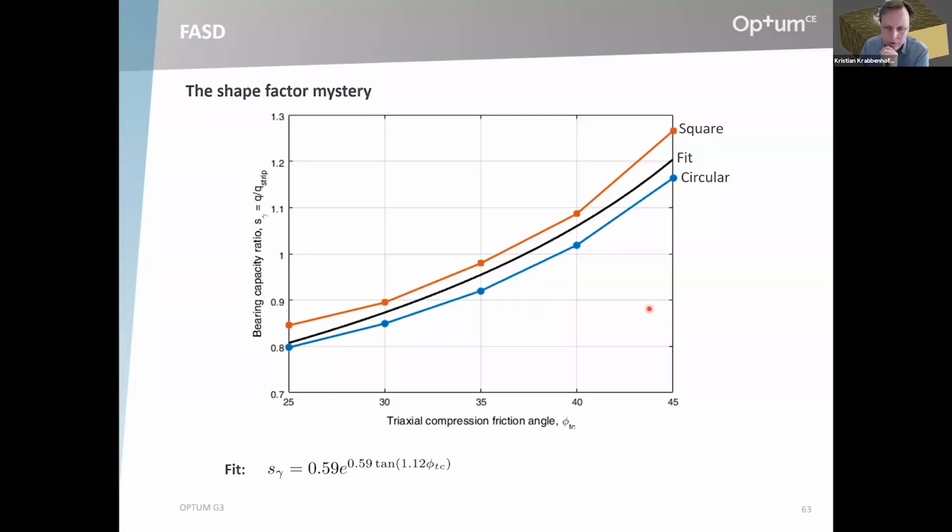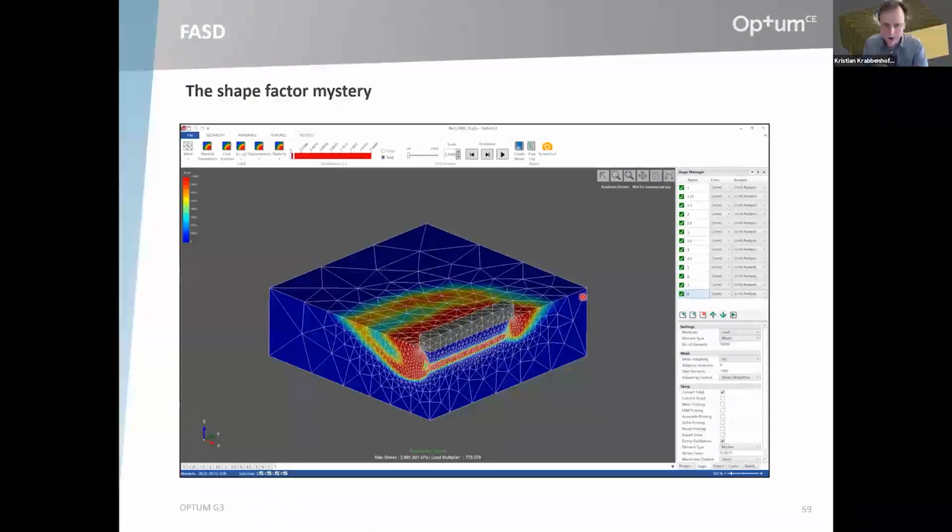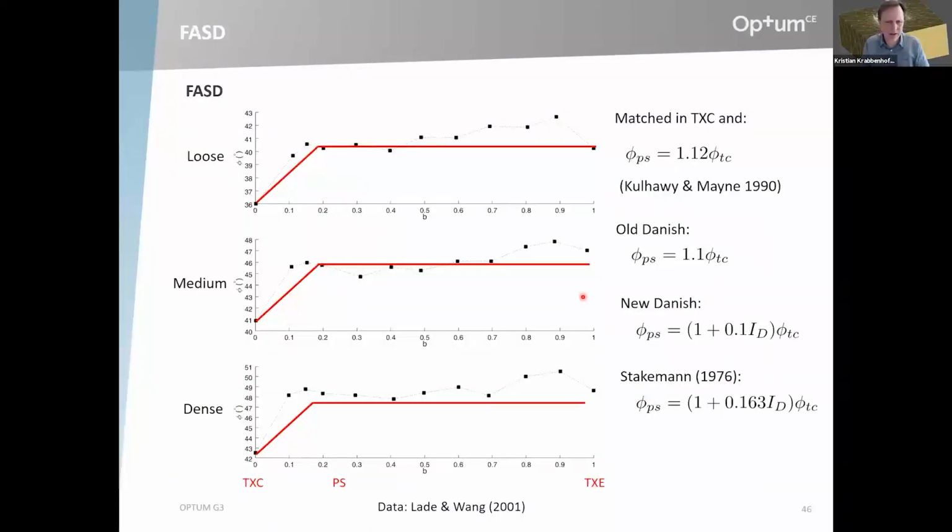What type of test do you use to determine the plane strain angle? You could use a biaxial test, but that is not a straightforward test to do. That's somehow the problem: the most common and easiest test to do is the conventional triaxial compression test, which gives a lower friction angle than pretty much all other stress states.